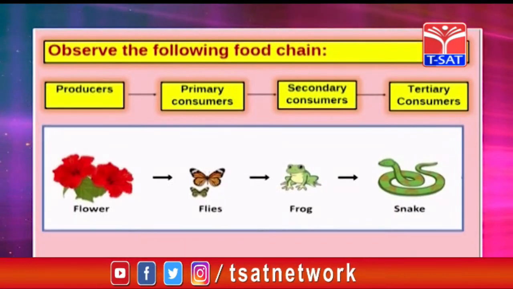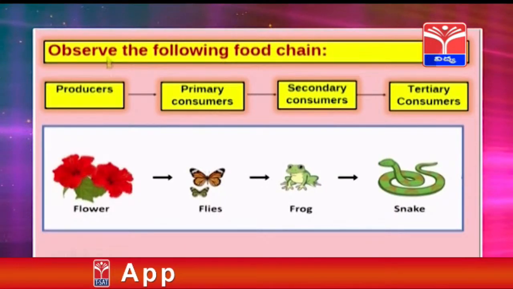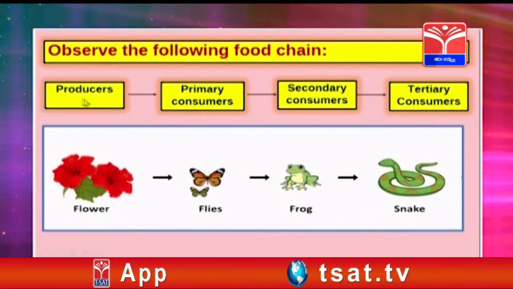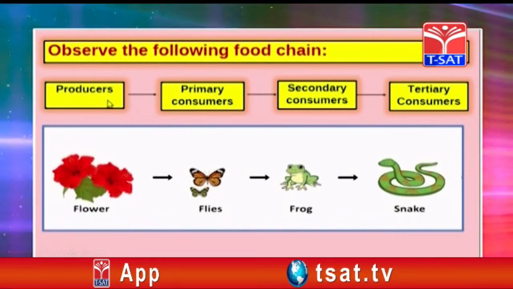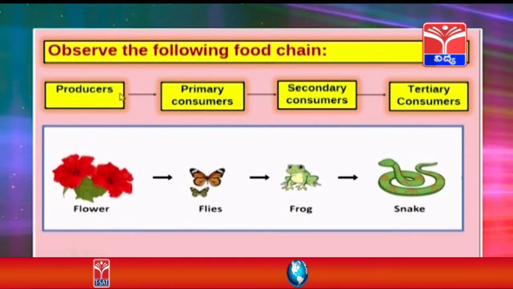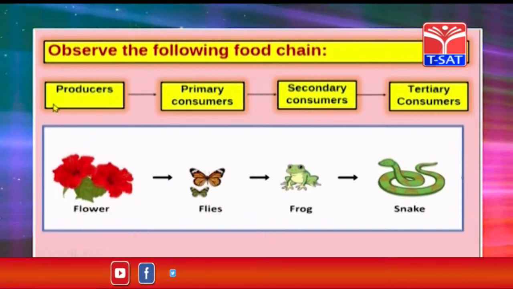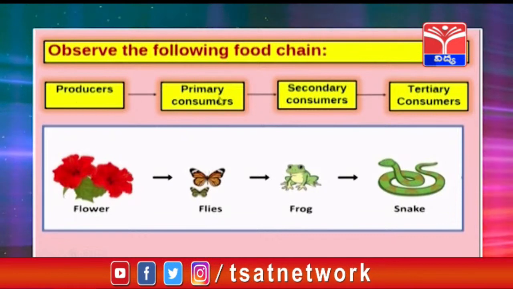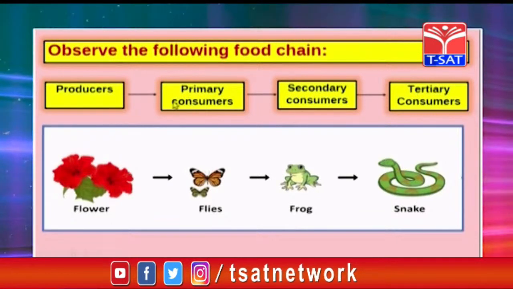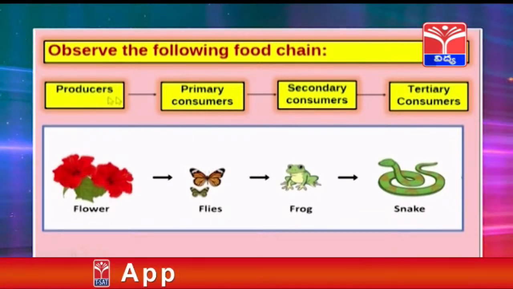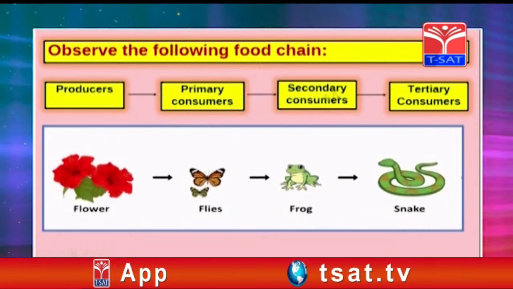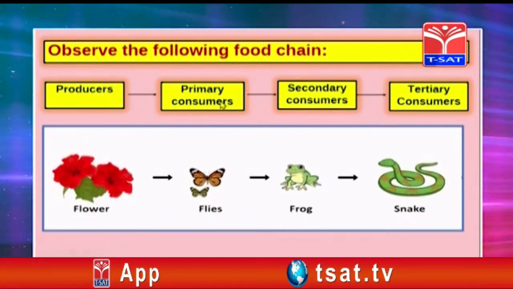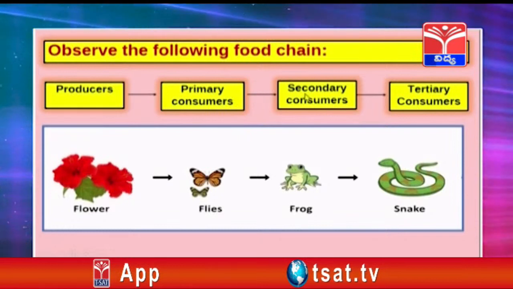Observe the following food chain. Every food chain starts with the producers. So producers are the basic producers that produce the food required for all the organisms in an ecosystem. Primary consumers obtain their food requirements from the producers, whereas secondary consumers obtain their food requirements from the primary consumers.